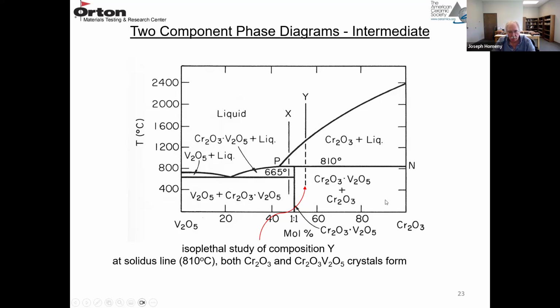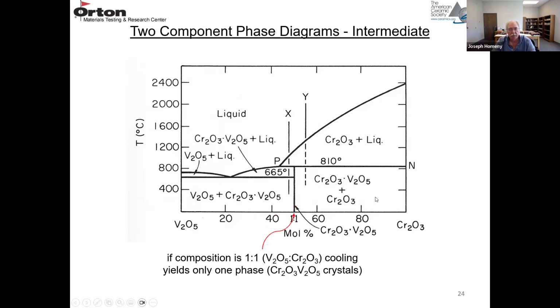So you're forming both of these crystals at this location Y. If you're at this composition, the one-to-one ratio, so one-to-one V2O5 and Cr2O3, when you're done cooling, you're only going to end up with the one-to-one compound Cr2O3 V2O5.